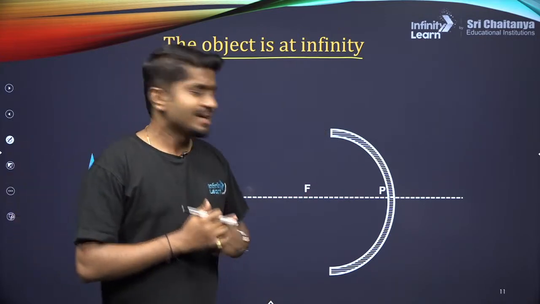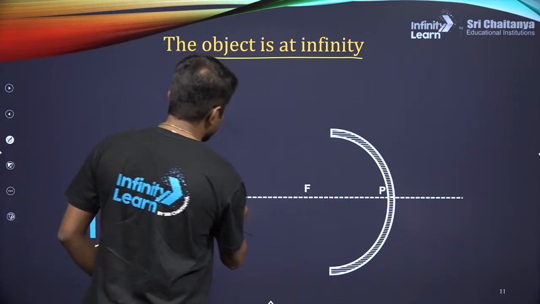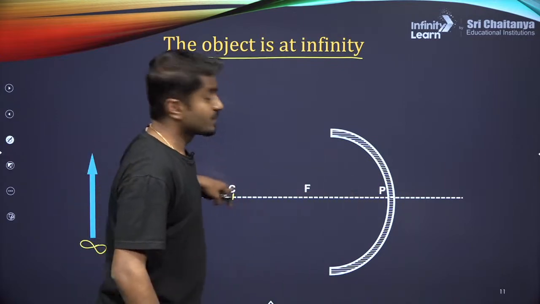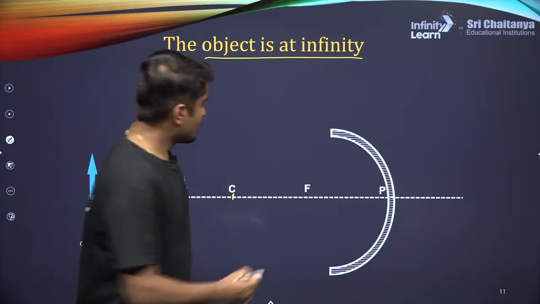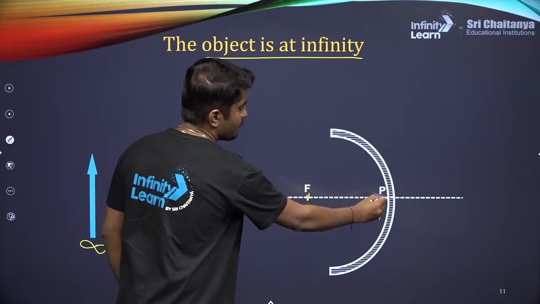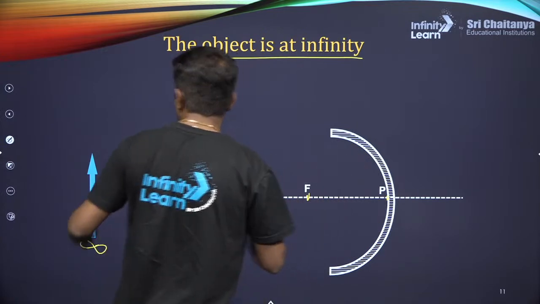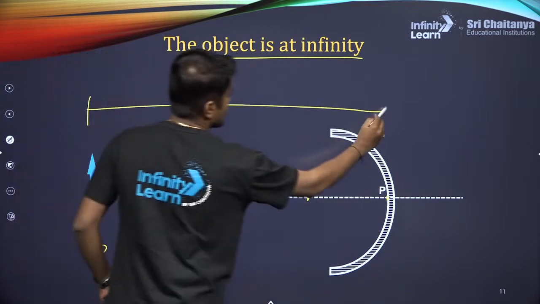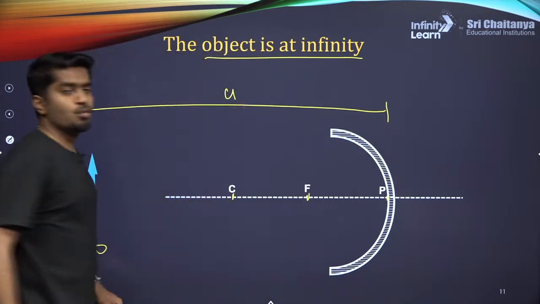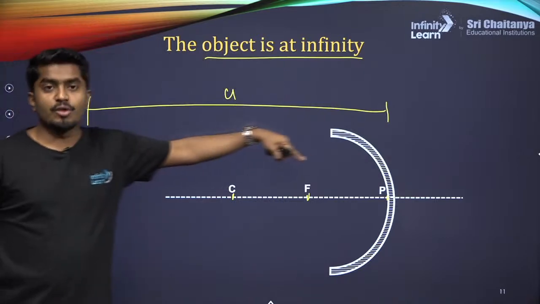But not just that, let's suppose this is the center of curvature. So this will be the radius, and from the focus to the pole, there is our focal length. This distance is called the object distance u, the distance of the object from the pole.